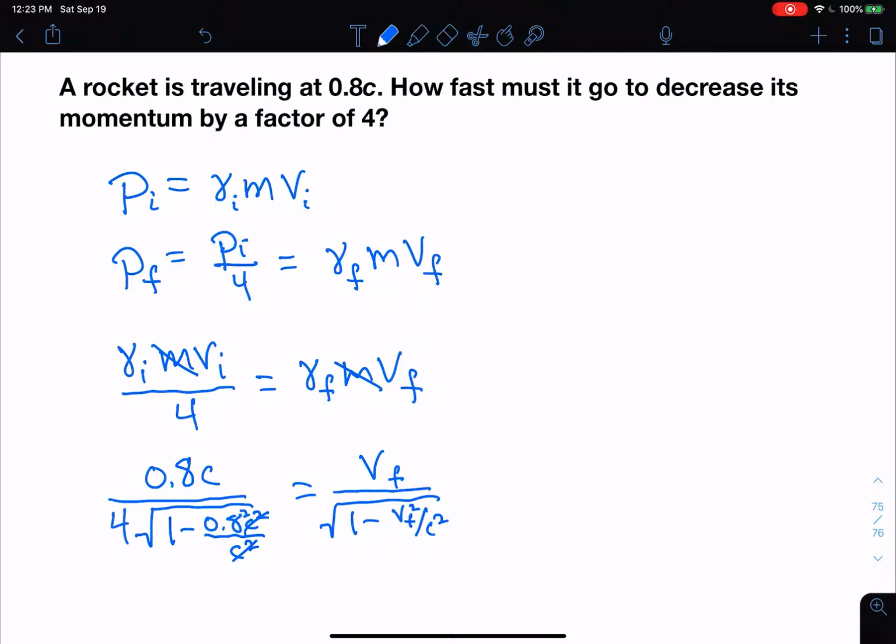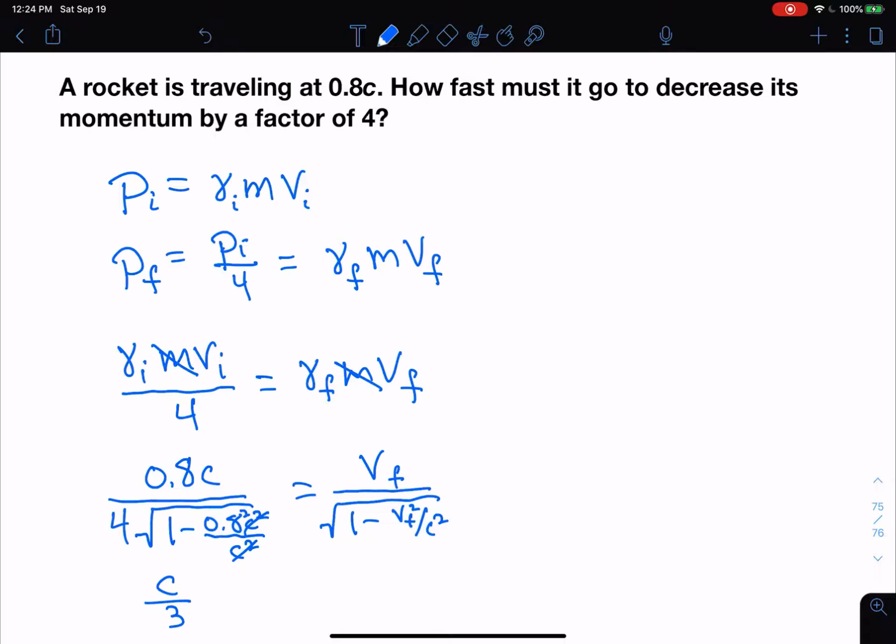Okay, so I can quickly do the left side and get that calculated. So let me do that real quick. And when I do all this, this becomes C over 3.